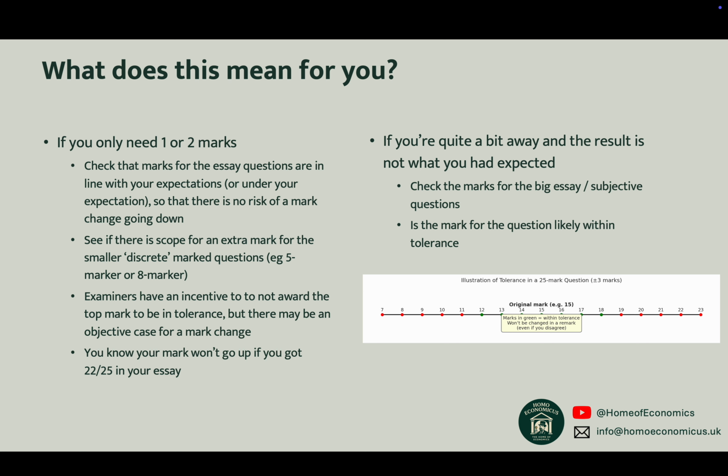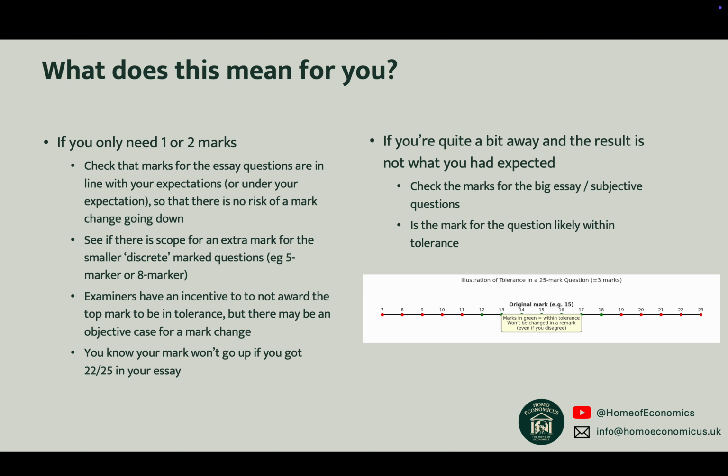So in reality, the actual cap for your 25 marker is actually 22 marks, because examiners have no incentive of giving you that extra mark, because there is a chance that the actual mark is below that. So they're more likely to be within that range by capping it at 22.